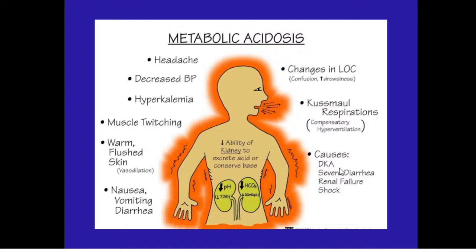It can be caused, for example, by ketone bodies in diabetes mellitus when their concentration is not controlled, but also by severe diarrhea when we lose alkaline equivalents, or renal failure, as we told, when the kidney cannot maintain acid-base balance. It will be accompanied by headache, hyperkalemia, muscle twitching, flushed skin, vomiting, and changes in the action of the nervous system, up to confusion and coma.